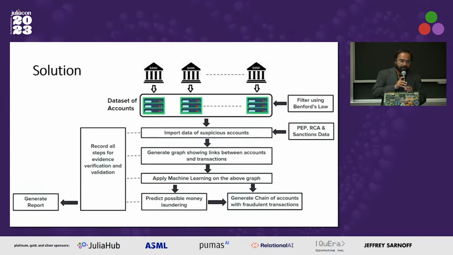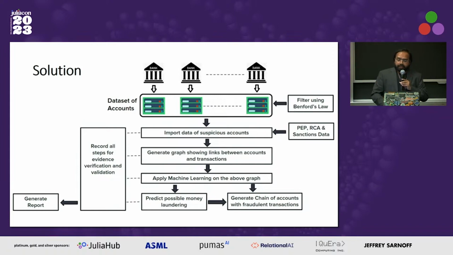So the solution is that first get the statements from different accounts, then identify, bring them to the unified format, then you can apply Benford's law on these statements. It gives you some idea regarding whether there is a possible fraud or not.